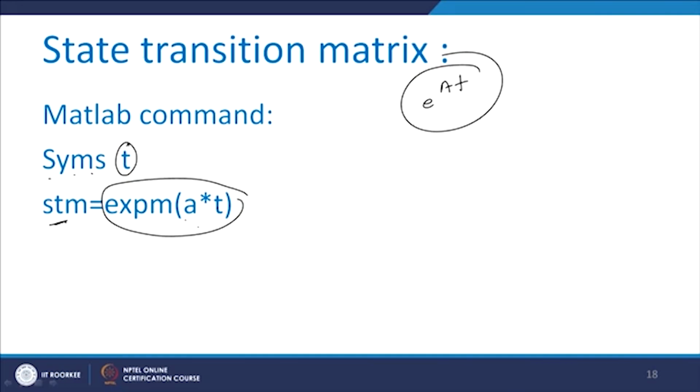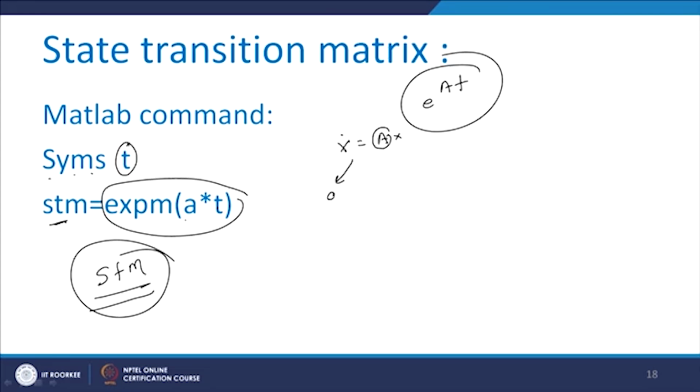If you use this command, you will directly get the state transition matrix e raised to At. Whatever the matrix is, like x dot equals Ax, we write it in terms of A, where small a equals capital A. If you write A star t, we will get the state transition matrix.